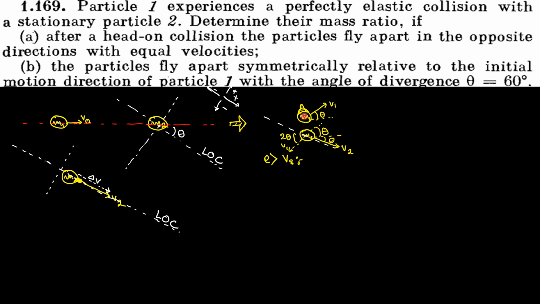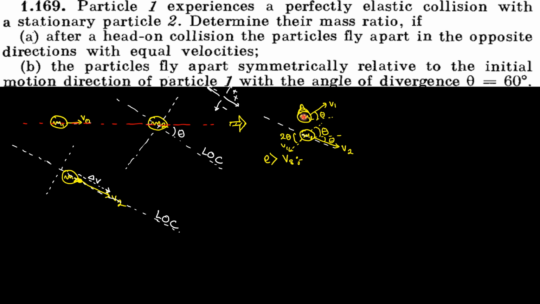Relative velocity means if I put my observer on m1, the velocity of the observer will be added in the opposite direction to all the bodies that the observer is seeing. So the velocity of the observer itself is in this direction. So whatever the observer sees, I add v1 in the opposite direction to all the bodies. That is the concept of relative velocity.